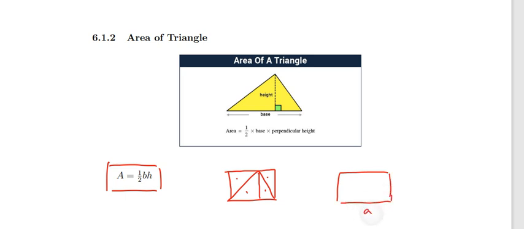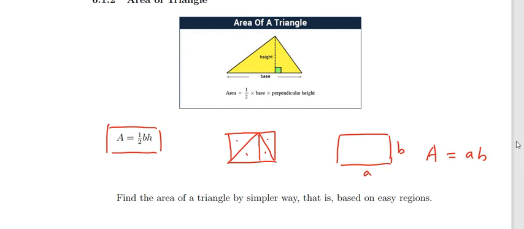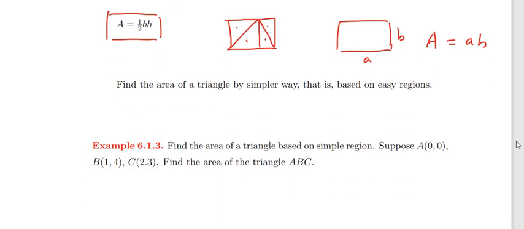Suppose this is A, this is B, then this area equals A times B, right? Even though with this formula we can find the area of a triangle, for some problems, if we use this formula directly, maybe this is not a good way.